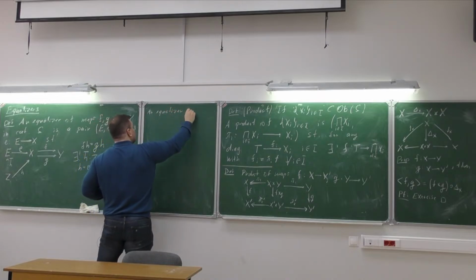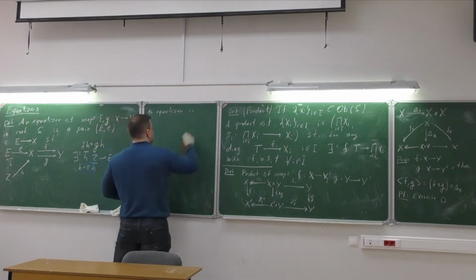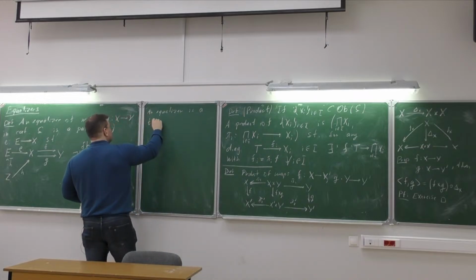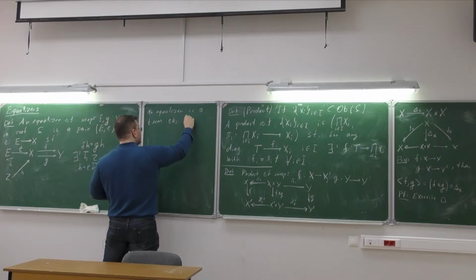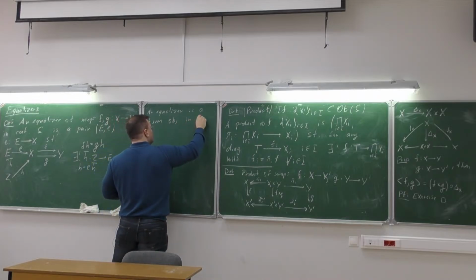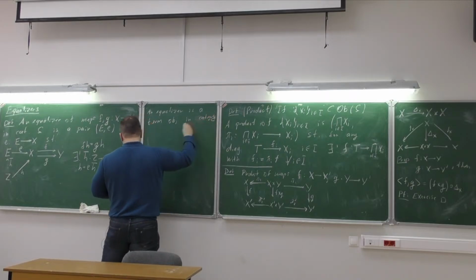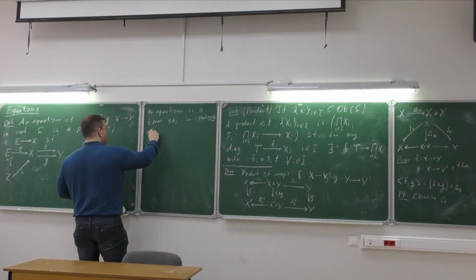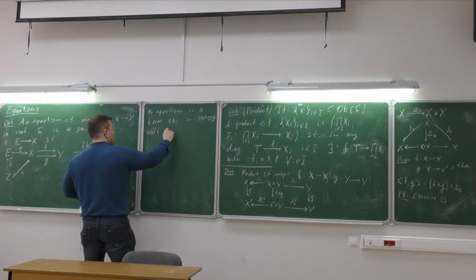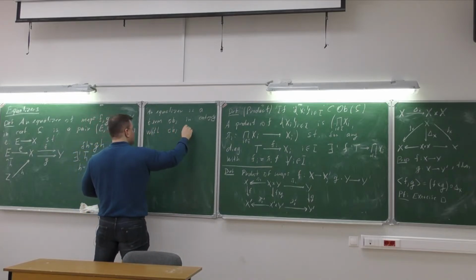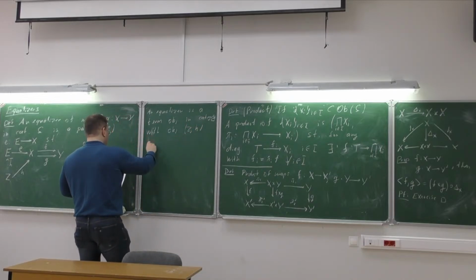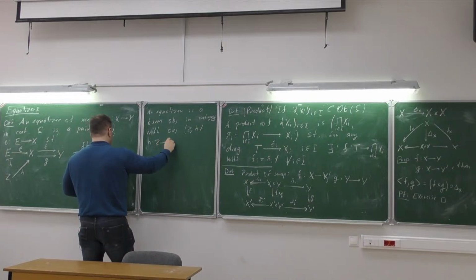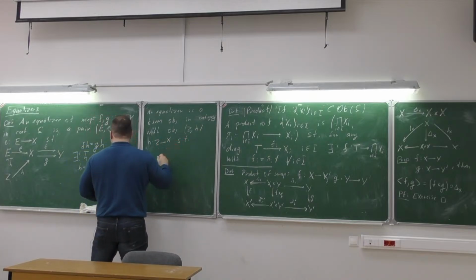An equalizer is a terminal object in the category with objects just pairs Z and H, where H is a map from Z to X, such that we have those conditions.